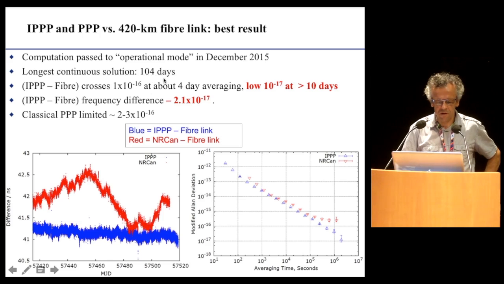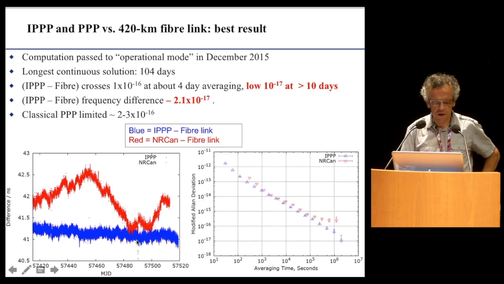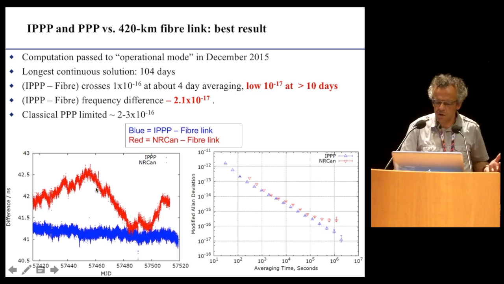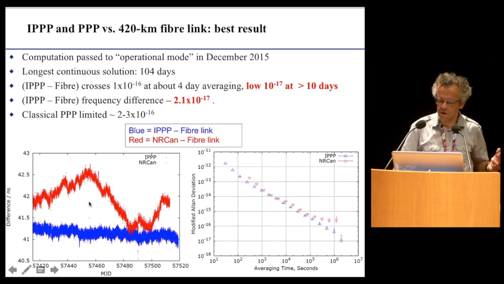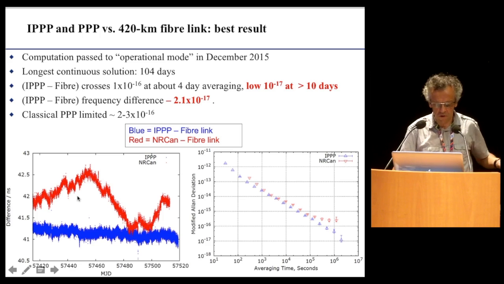On this 104-day interval, the IPPP comparison to the fiber link is in blue here. It varies by a few hundred picoseconds over the 100 days, while of course, when you compute a continuous classical PPP solution, you have just random variation. I mean, you could do something better by steering with the code more often.